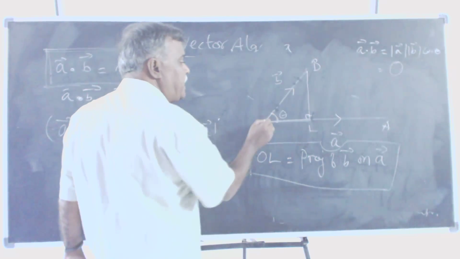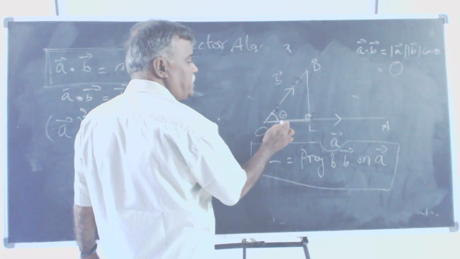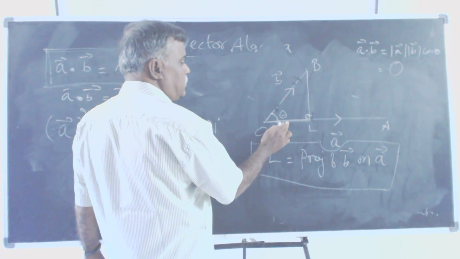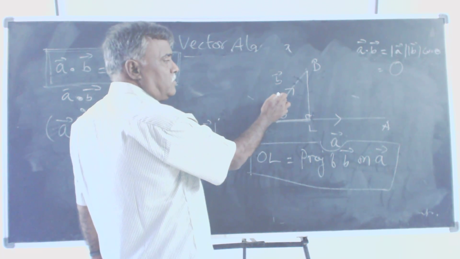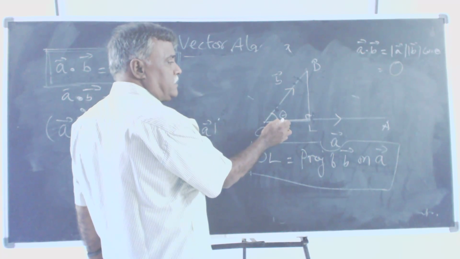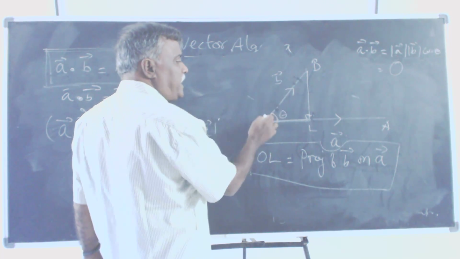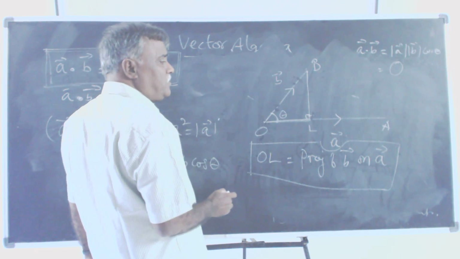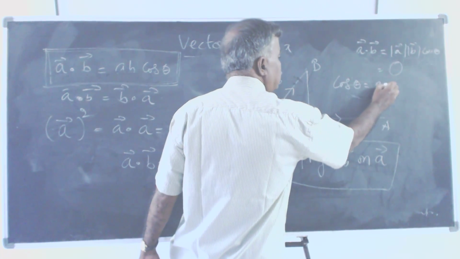Now what is this? This is a right angle triangle. In this right angle triangle, this one is the adjacent side, this one is the opposite side, and this one is the hypotenuse. Three sides are there: adjacent, opposite, hypotenuse. From this right angle triangle, will anybody tell me the definition for cos theta? Cos theta equal to what side by what side?